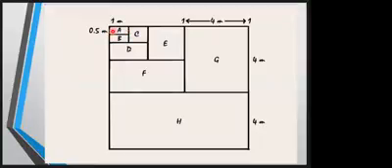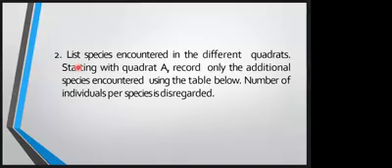Para maibalaan mo sa mga kung sa imo ang pwede nga masampling dara o sa mga particular species ang present dara. So that's it. Now after that, you list species encountered in different quadrats. So starting with quadrat A, record only the additional species encountered using the table below. Number of individuals per species is disregarded.